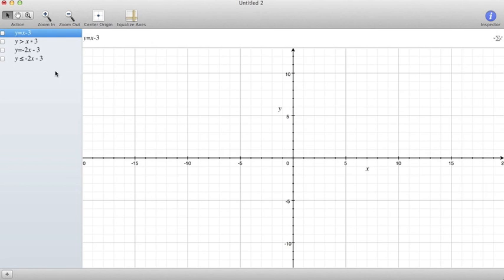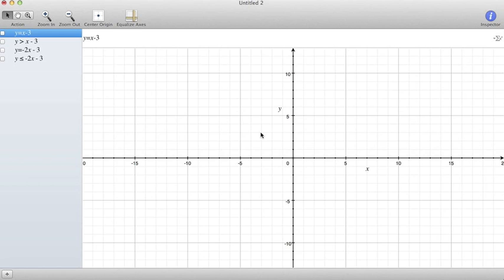And the slope's negative 2, so we want the slope going that way. The way I do it is I go left 2, or I go up 2, and that's going to turn out to be this sort of line.